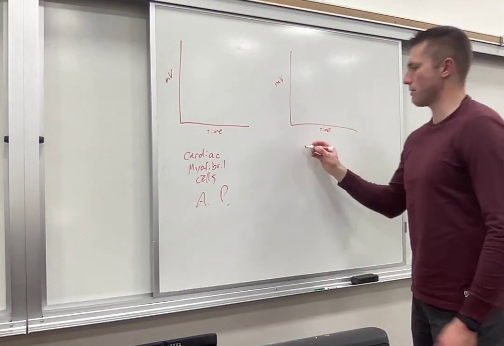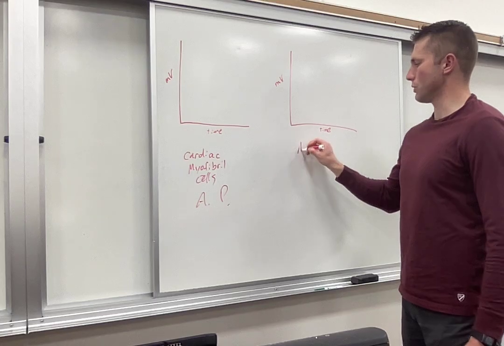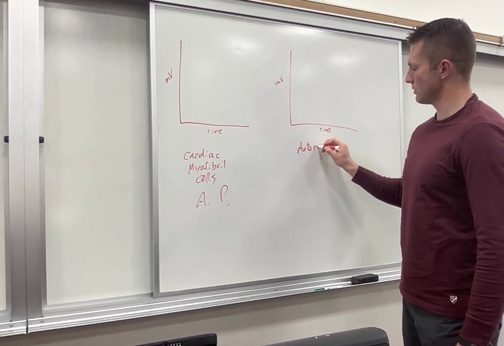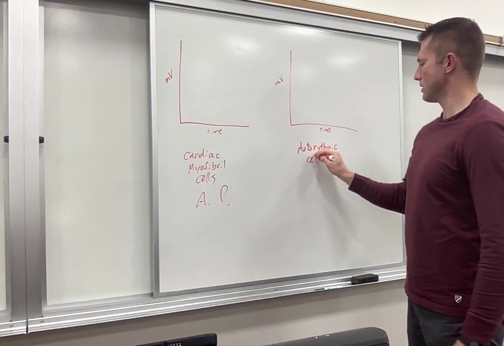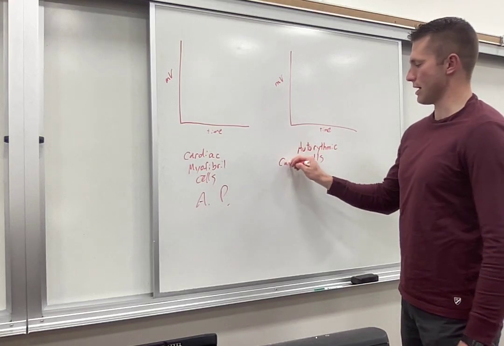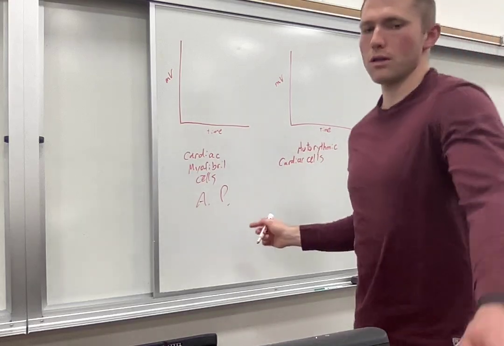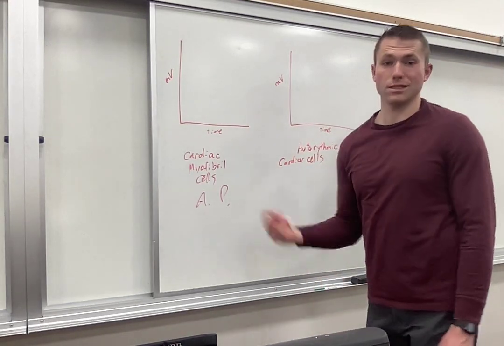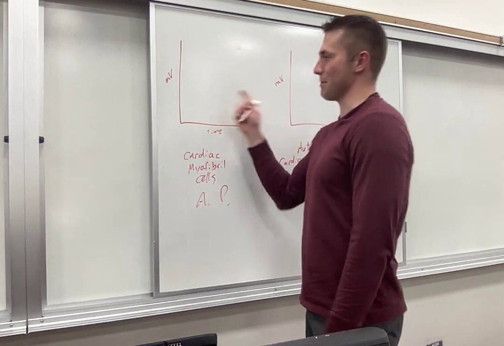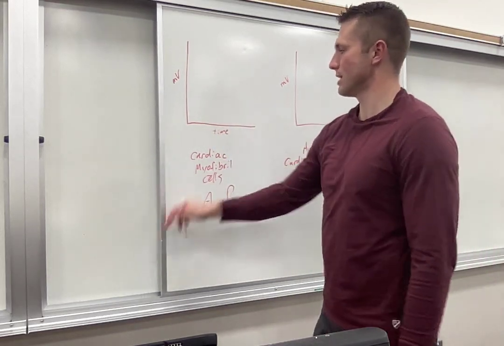And then over here we're going to be focusing on the autorhythmic cardiac cells. We'll get to why they're called auto, because it's the pacemaker of the heart. It's super cool. But first, your good old cardiac myofibril cells.